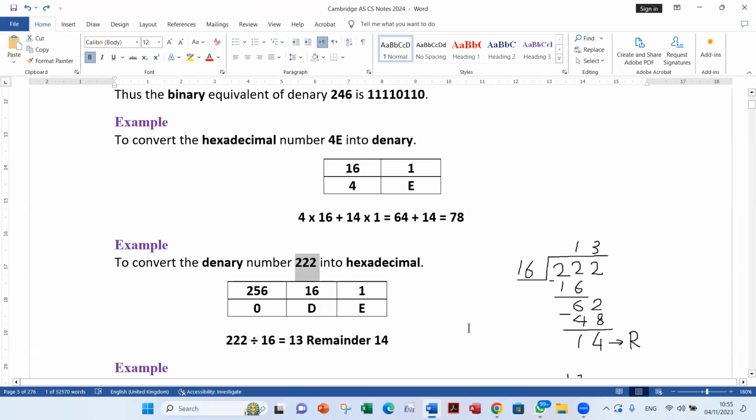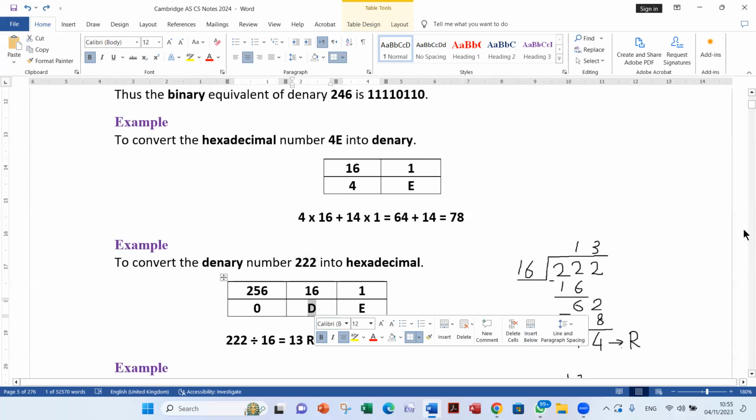Okay? So 222 divided by 16 is 13 remainder 14. You put the 13 here, but it changes into D. You put it under the column weight 16. The quotient, the result of division, goes here.